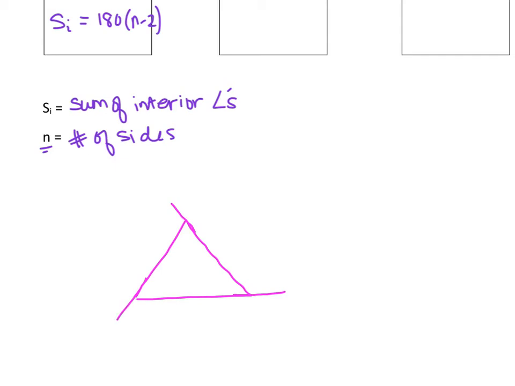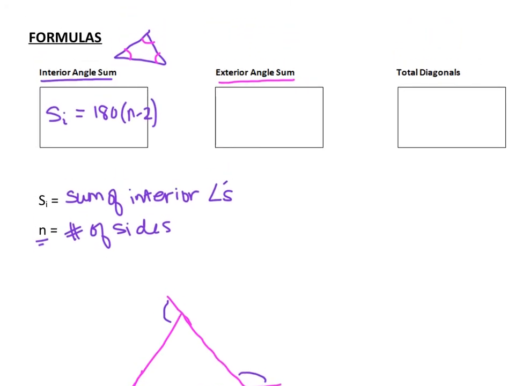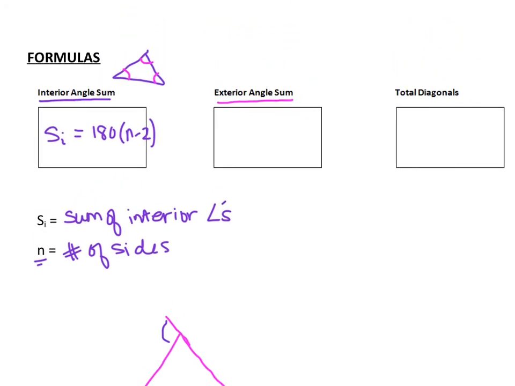The exterior angles are these angles that are on the outside of the figure. So what is the sum of those 3 angles? And if you had a quadrilateral or a pentagon, you'd have more angles to add up. Well, the interesting thing is that the sum of exterior angles, so SE, it doesn't even matter what polygon it is, it's always going to equal 360. So all exterior angles will add up to 360.